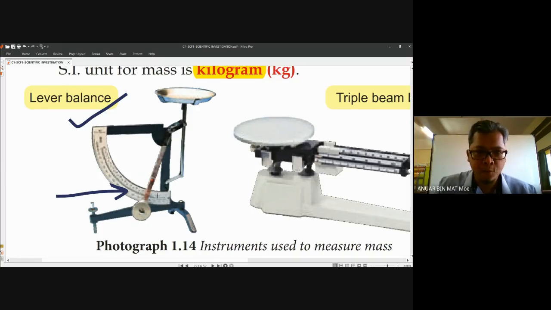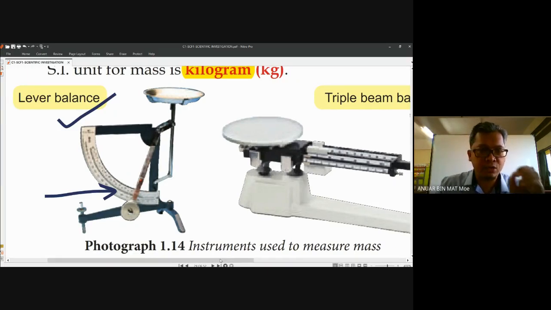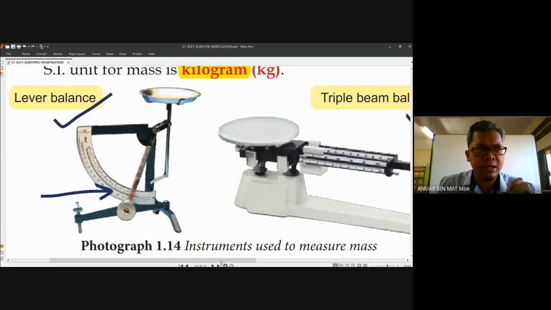Okay, and then like usual, for measuring mass, also you need to take care or notice about the parallax error also. So you must take the reading when the scale is parallel to the eye. This also applies to the lever balance and triple beams balance here.